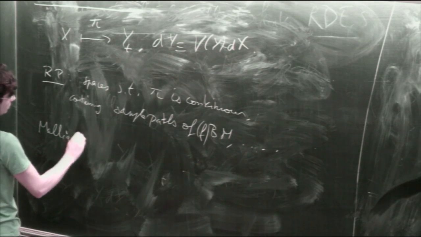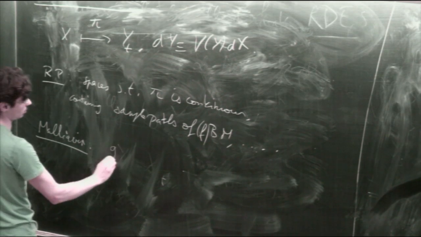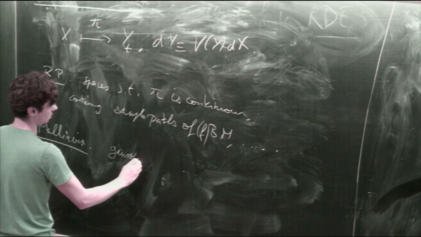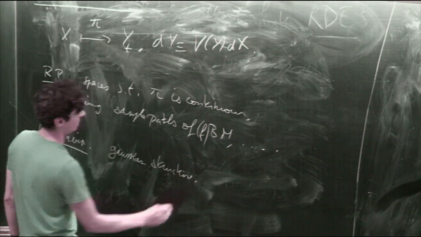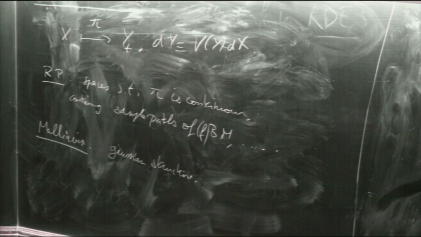But what Malliavin calculus does is, you have to assume more structure. You have to have a Gaussian structure, closely associated to a Gaussian measure. What Malliavin calculus tells you is that this map, which is not really continuous in this general sense, will in fact be smooth if you strongly restrict the tangent directions in which you're allowed to go.